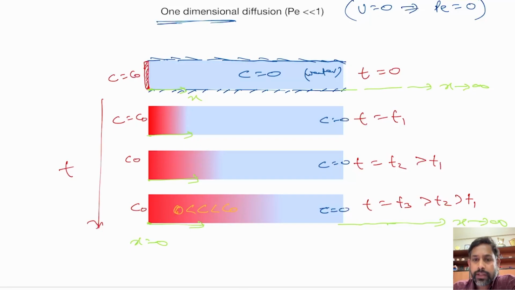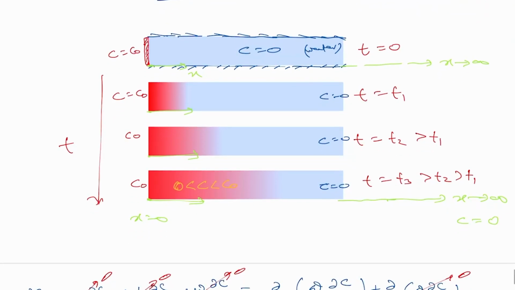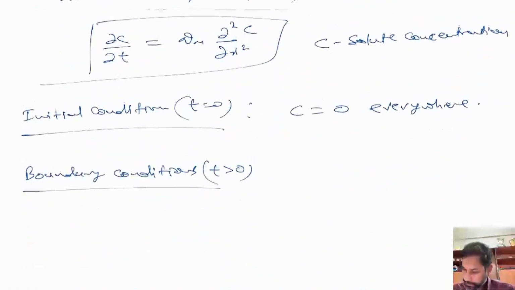But as you go to infinity, your concentration will still remain equal to 0, because we are talking about an infinity point. So as x tends to infinity, your c will always be equal to 0, because your solute cannot reach the infinity. And that is why we have these two boundary conditions. At x equal to 0, concentration is c naught, and at x equal to infinity, concentration remains 0 at all times.